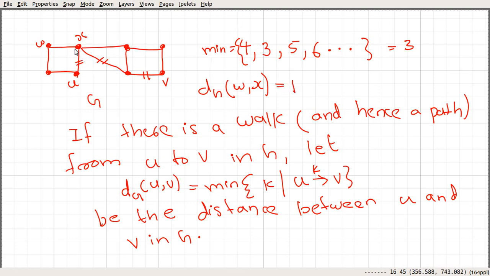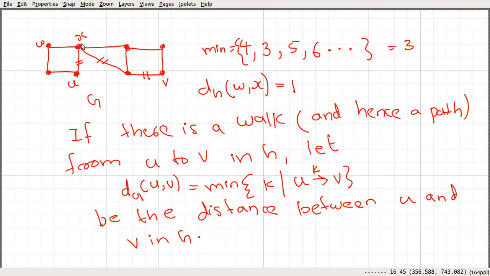If you consider this walk, the distance is 1, another walk would be like this of length 3, and you can see many different paths or walks, and you choose the one with the minimum length, and the length of that walk will be the distance between those two vertices. So in this case the distance between W and X is 1. They are directly connected by this edge, and W and X are adjacent.